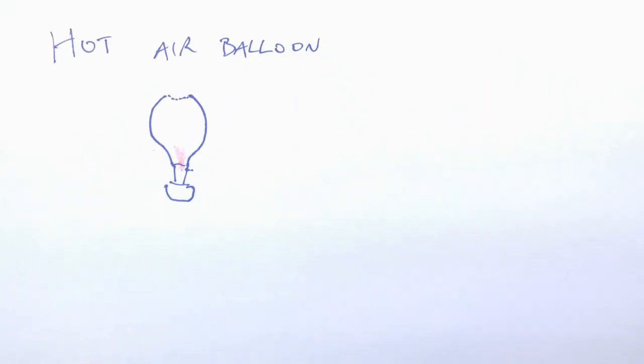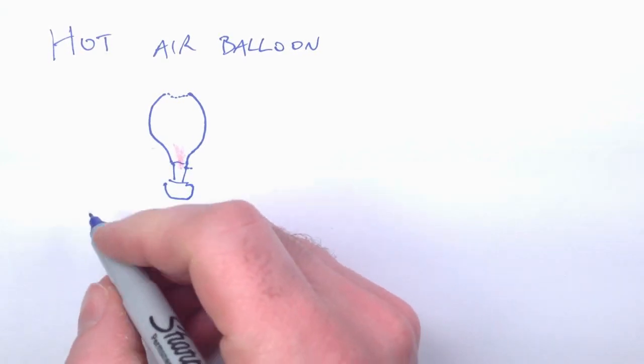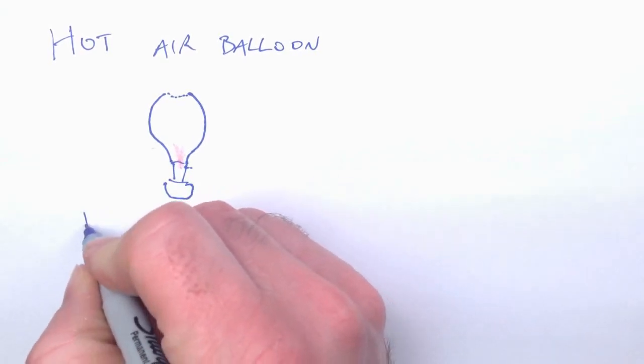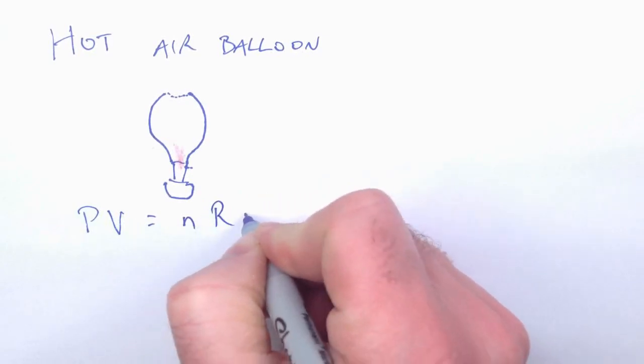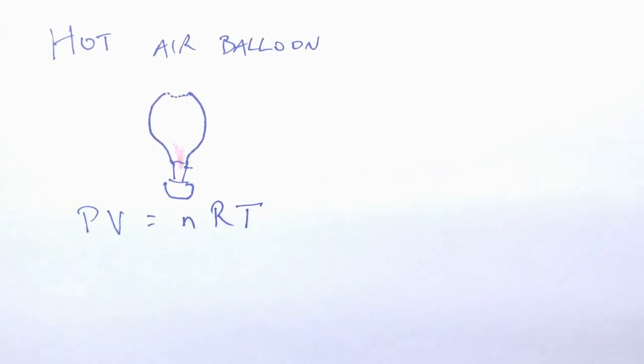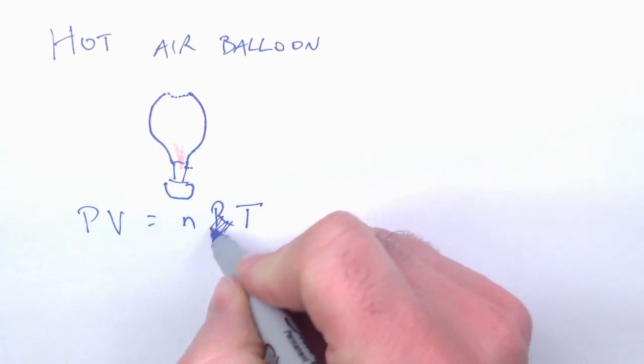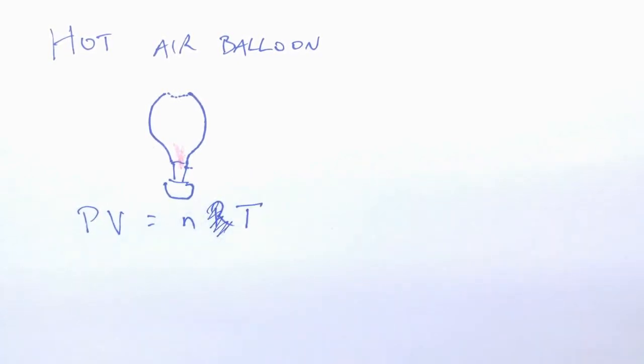So let's talk about how all of this works in terms of the variables in the ideal gas law. So we've got PV equals nRT. First of all, R is a constant. There's nothing that a hot air balloon can do to change the value of R, so we don't need to worry about R being a variable here.